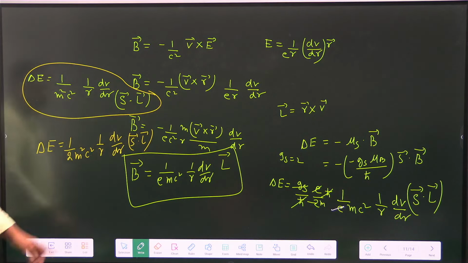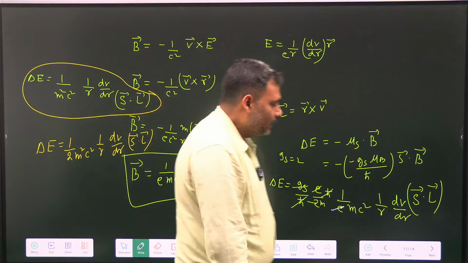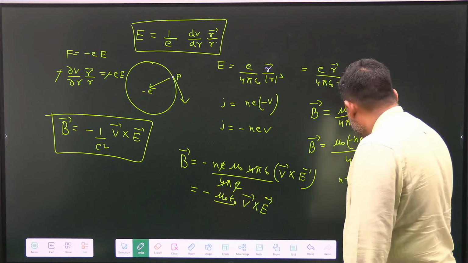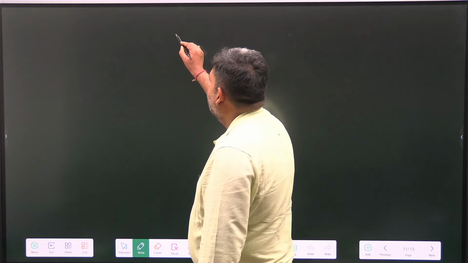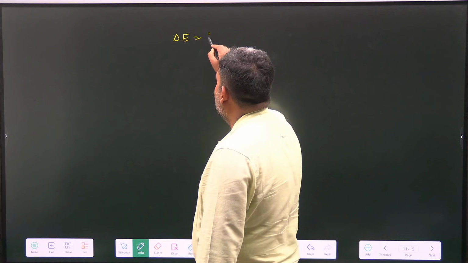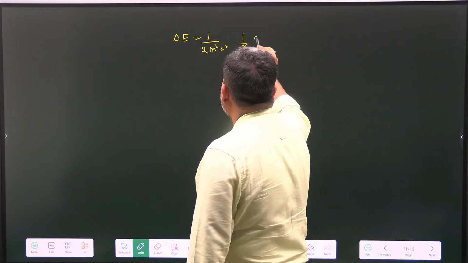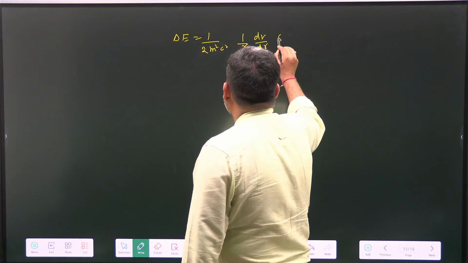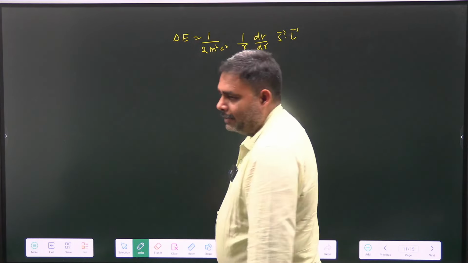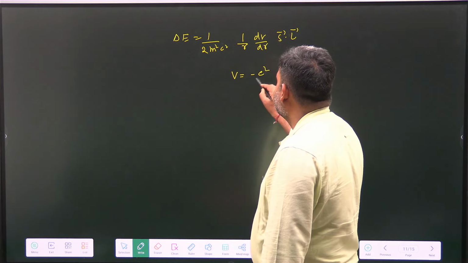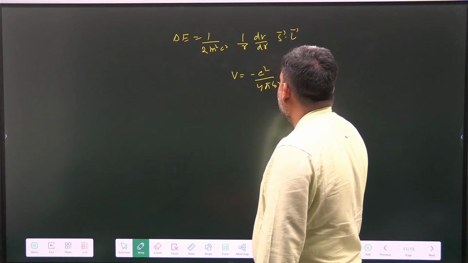Okay? So this will be the complete thing, and this has also come in your exam, which is why I did it directly. And for the Coulomb potential, what is my potential here? So we have delta E is equal to 1/2 m square c square 1/r dV upon dr S dot L, and from there, V is equal to minus e square by 4 pi epsilon naught r.